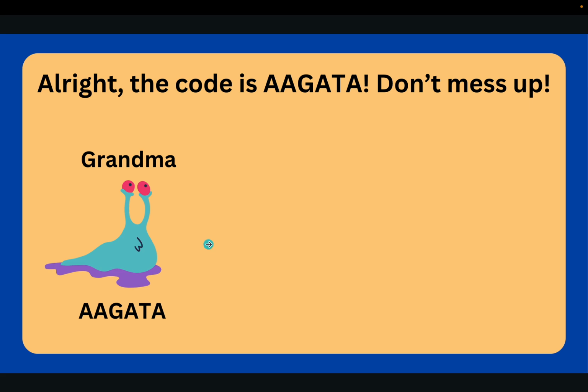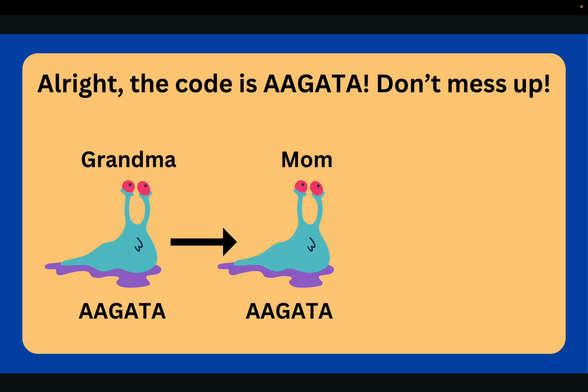And of course, since she's reproducing asexually, that means she's going to make a clone of herself. So she has to copy this code down perfectly, and she does. She passes this on to your mom, AAGATA, just like grandma had. So of course, same letters means same trait. But then mom is passing on her code to you through asexual reproduction, we'll say budding or something.